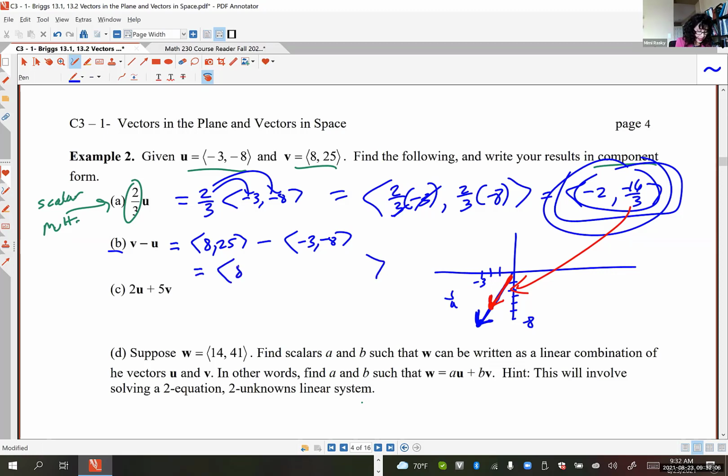You're simply going to take the difference of the x components, so 8 minus a -3, comma, 25 minus a -8, and then do the arithmetic. So your final answer looks like it's going to be 11 and 33. Boom, and we're done. So there is the result of scalar, or excuse me, vector subtraction. It's going to be a vector.